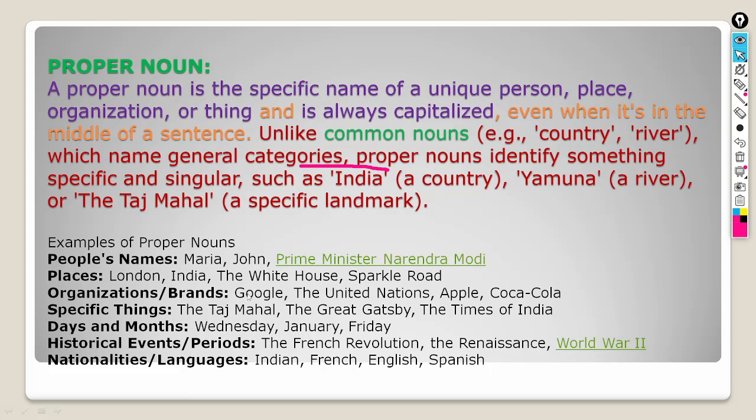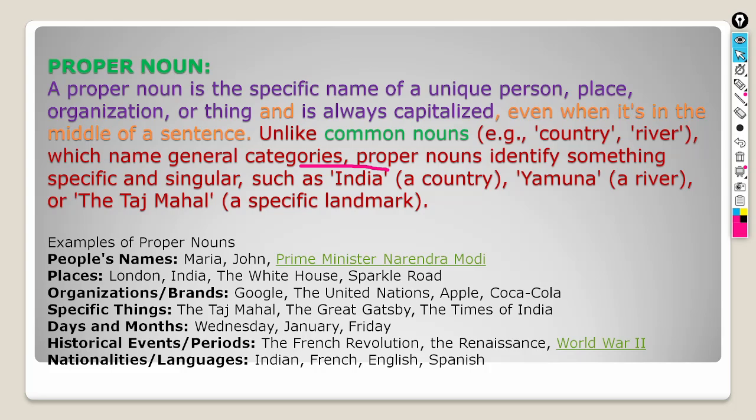When you're talking about organizations or brands, then Apple, Coca-Cola, the United Nations, etc. When we are talking about specific things as proper nouns, then the examples of Taj Mahal, the Times of India may be mentioned.